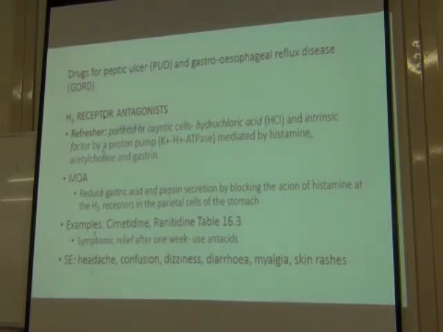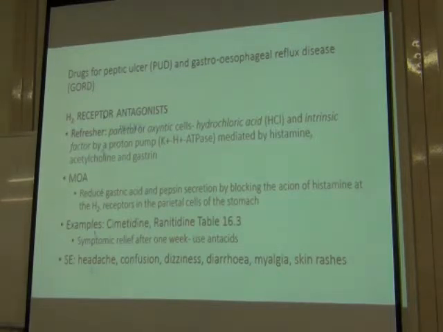Another class of drugs used in the management of peptic ulcer is your H2 receptor antagonist. The H2 receptor antagonist also came about as a result of trying to inhibit the normal process of hydrochloric acid production in individuals that have hyperacidity, and that is the histamine function.